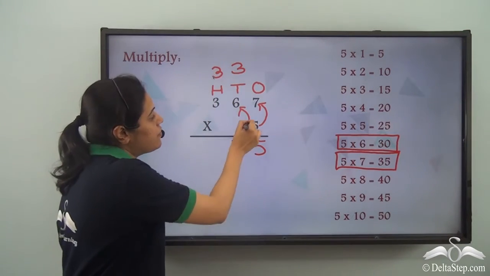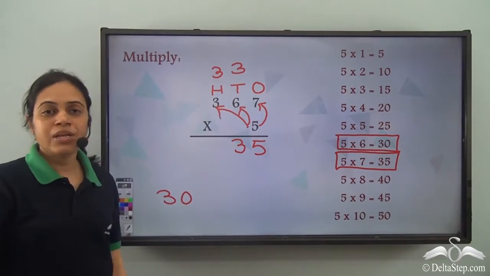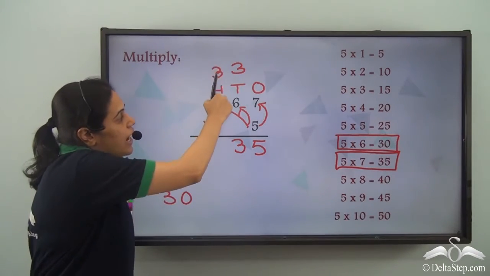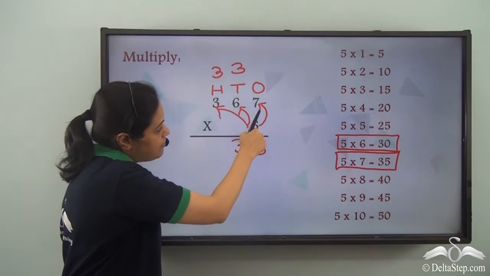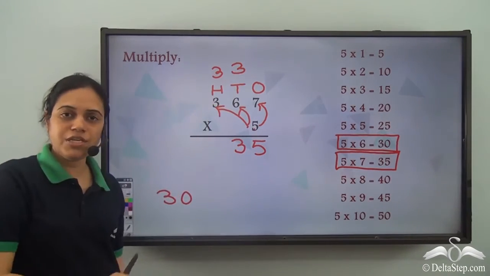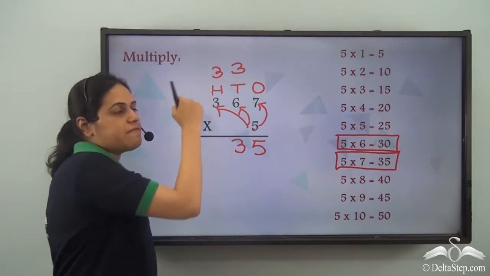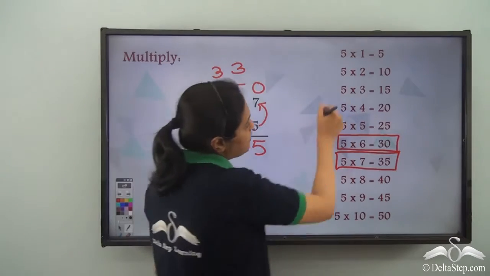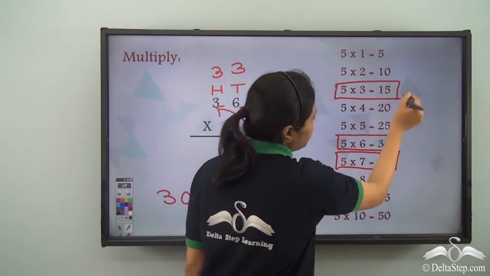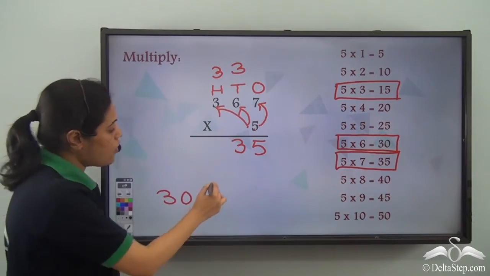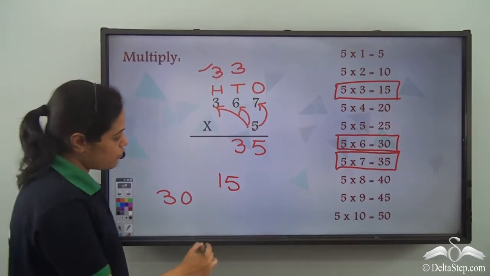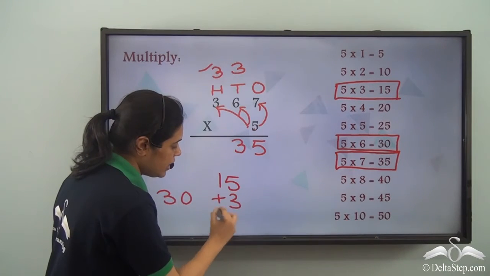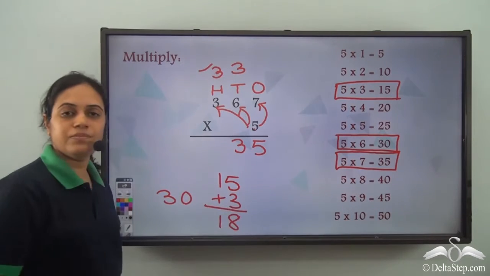Now 5 into 3. Remember, I am not adding these two 3's first. First, I am multiplying 5 by the digit. That is, I am multiplying 5 by 3. 5 into 3 gives me 15. And now, to this 15, I add this 3. So 15 plus 3 gives me 18.